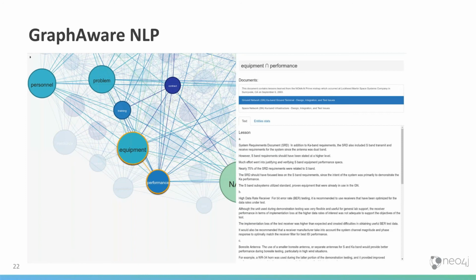Whether there's personnel issues, training issues, contract issues regarding equipment, regarding performance of equipment, regarding other types of elements, this is all being drawn from documents themselves and then mapped into a graph such that the topics and the sets of issues can be traversed much more naturally.